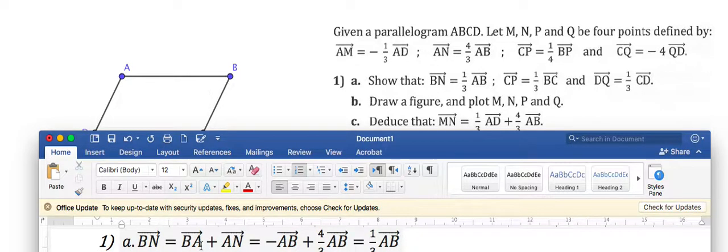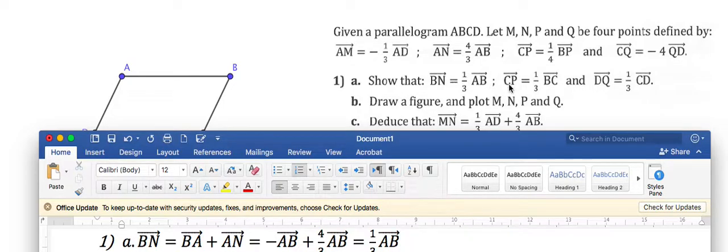Vector BA is the opposite of AB, so it's minus AB, plus, using the given, we may write AN as 4 over 3 AB. Like terms, minus 1 plus 4 over 3 equal 1 over 3. So vector BN equal 1 over 3 AB.